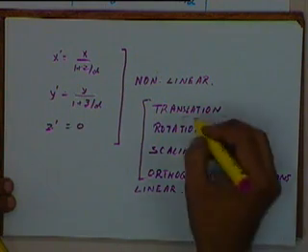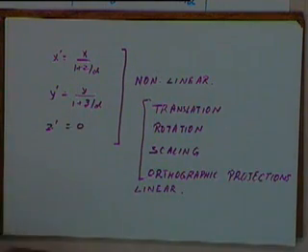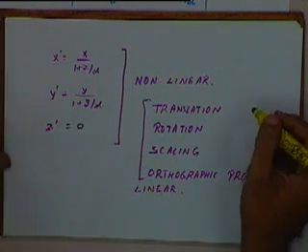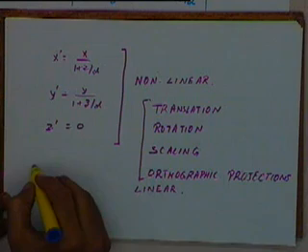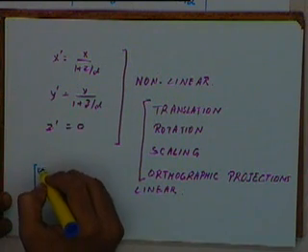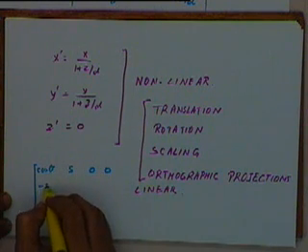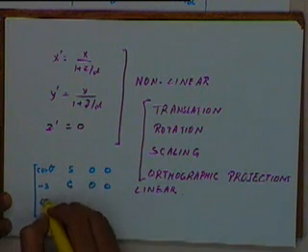For instance, translation was captured by just a simple addition of a translation vector. Rotation was captured by a matrix which was something like cos theta, sin theta, 0, 0, minus sin theta, cos theta, 0, 0, 0, 0, 1, 0.